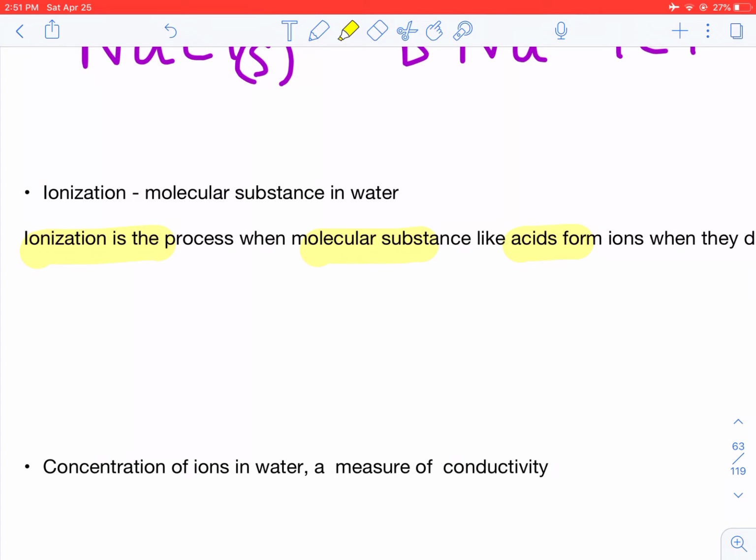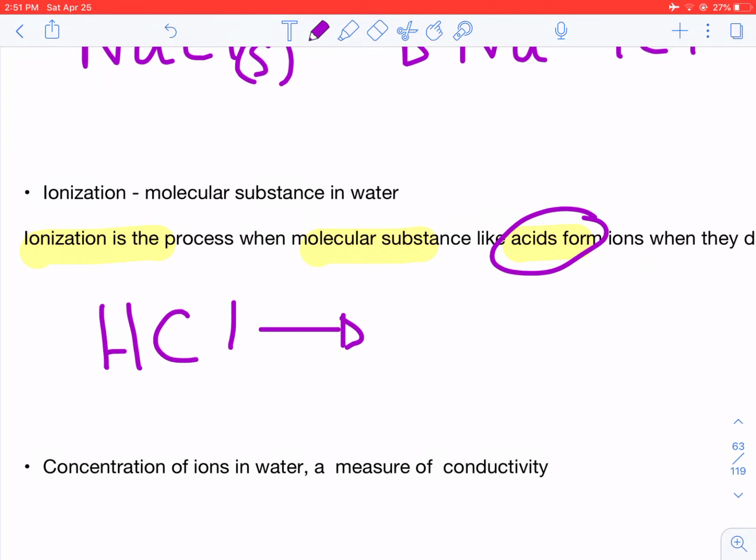So, for instance, if we look at HCl, what happens is HCl, and especially acids, when they dissolve in water, they form ions. Now remember, HCl is a molecular substance.